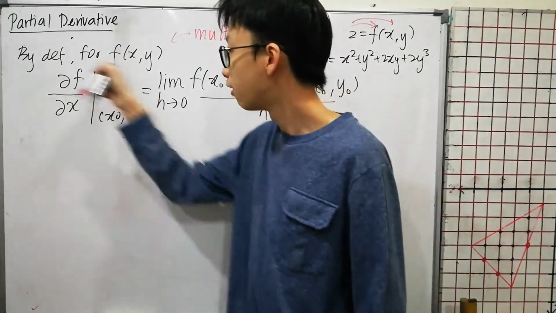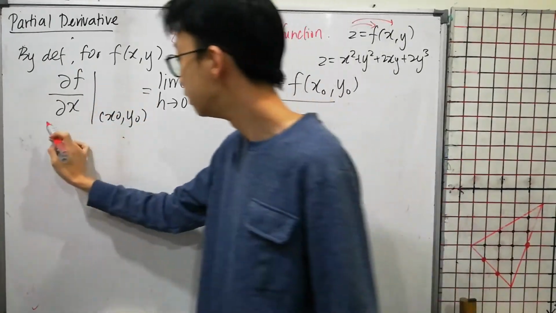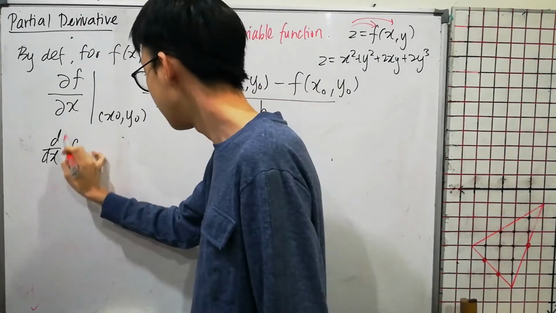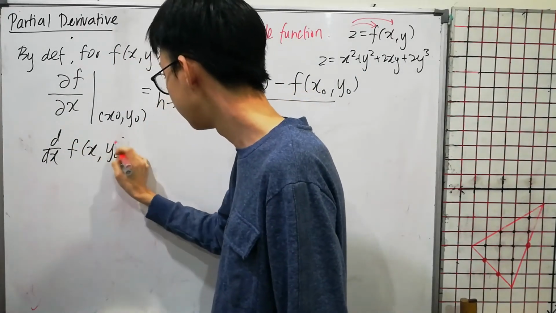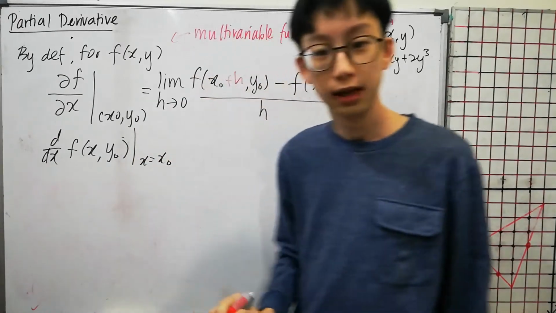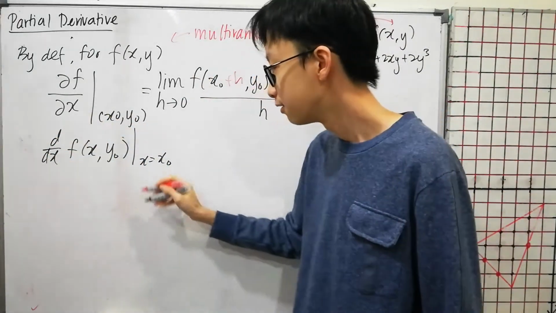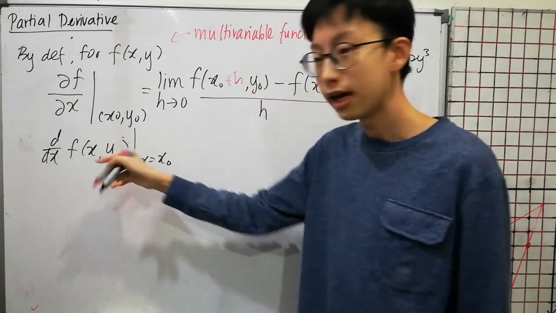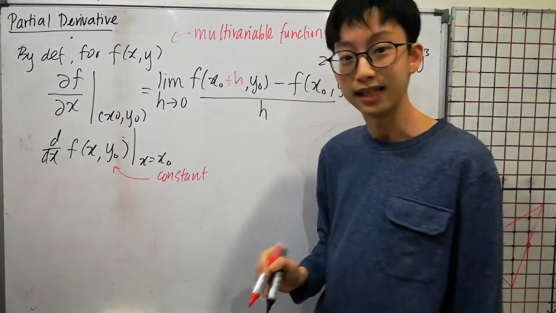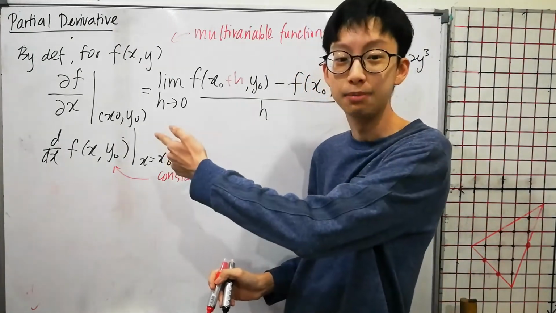And what is the meaning of this? This means we differentiate with respect to x for this function f(x, y naught) at the particular point x equals x naught. So in this case, we are taking y naught as a constant. This is basically what we did at the beginning, right?